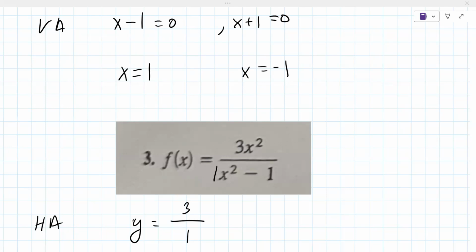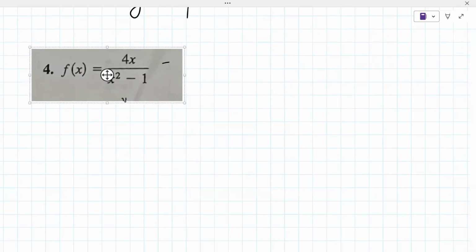Okay. All right, you ready to move on to the next one? Yeah. All right, so let's take a look here. It's kind of similar to the last one. Could you factor the bottom for us, please? Okay.